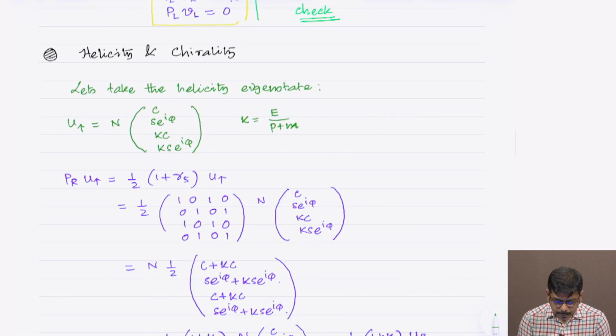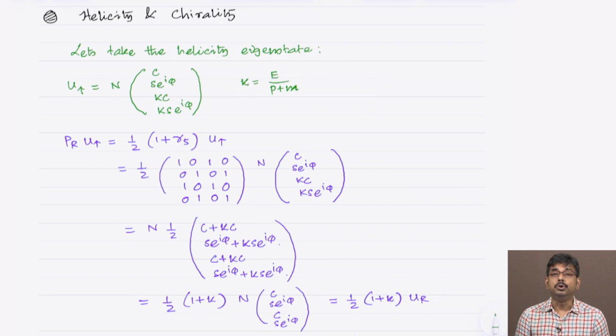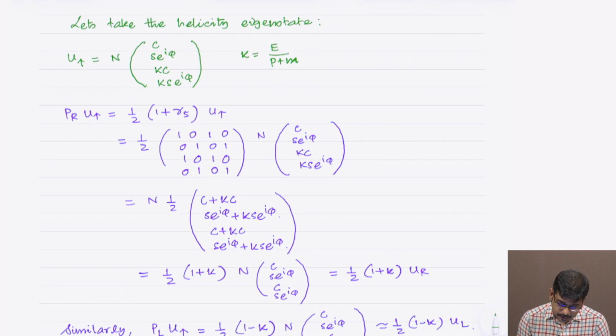So, what was PR? PR was half into 1 plus gamma 5 u up. And now, using the form of gamma 5 in the Dirac-Pauli representation which we found out, I am going to write this PR operator. So, this is half into this particular form, and u up is precisely this one. Now, if you do the matrix multiplication here, it turns out to be something very interesting.